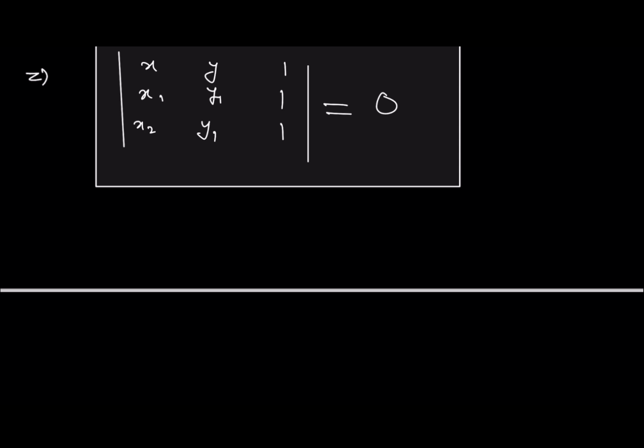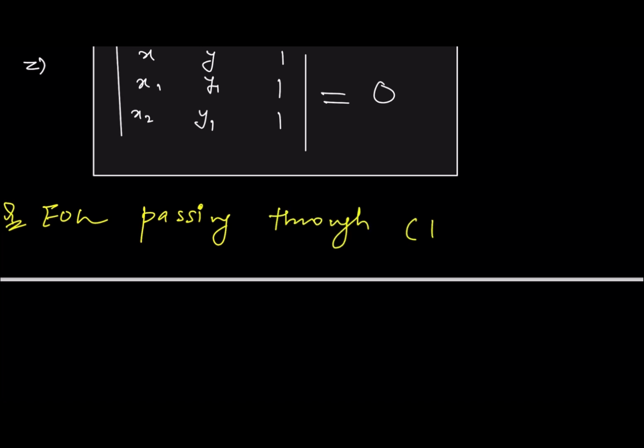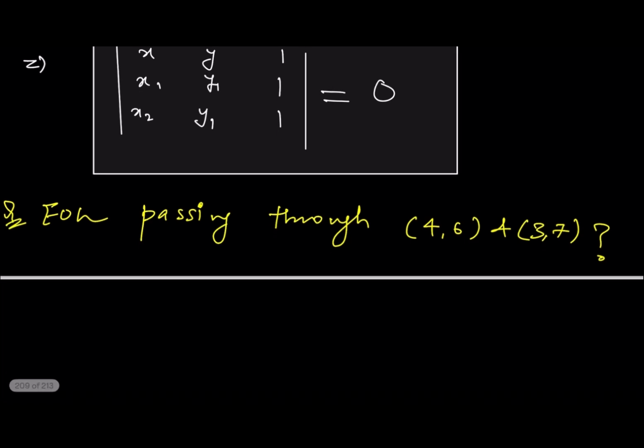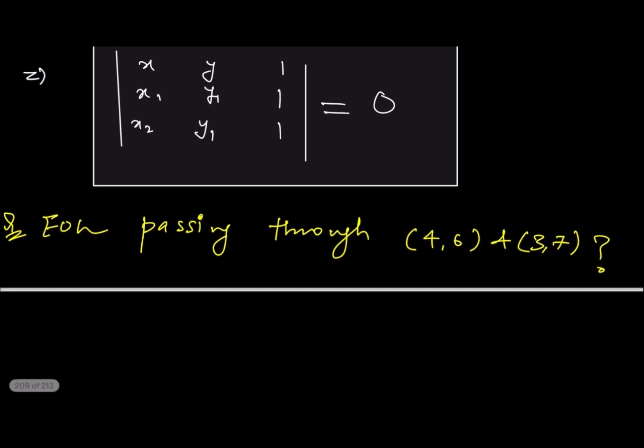So if I am asking a question: find the equation of the line passing through (4,6) and (3,7). From this I can find the equation in determinant form also. But before this, I can always find an equation using the two-point form if two points are given.